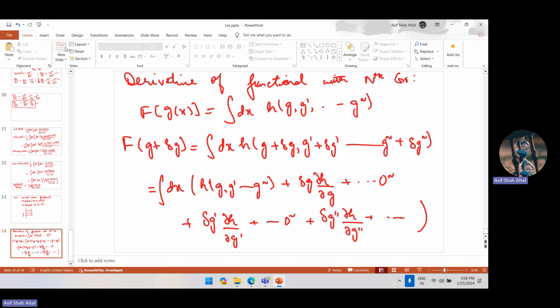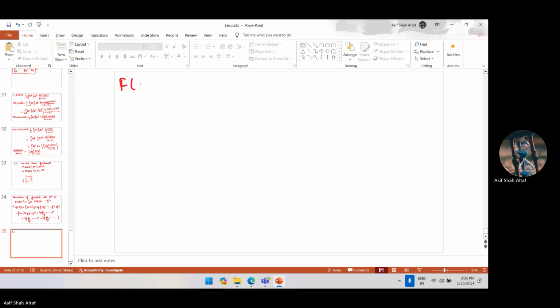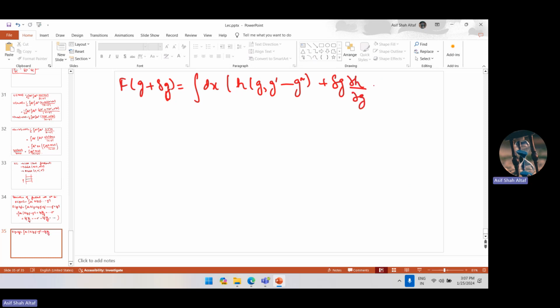Now, ignoring all the higher order terms, and finally what we have, right, and then you have this delta G, H beta G, and then you have it and so on.